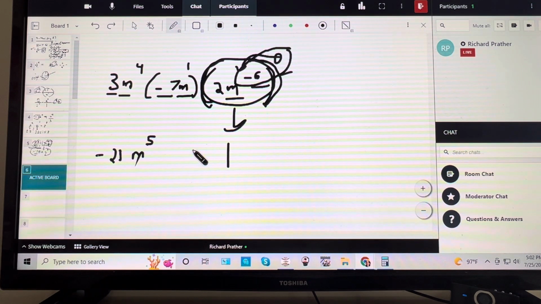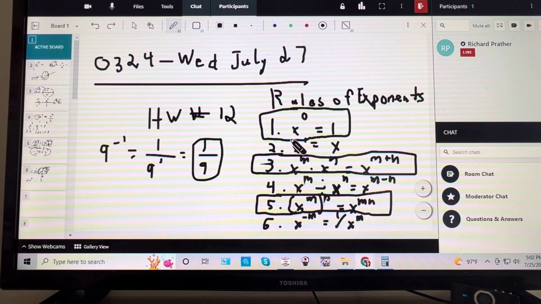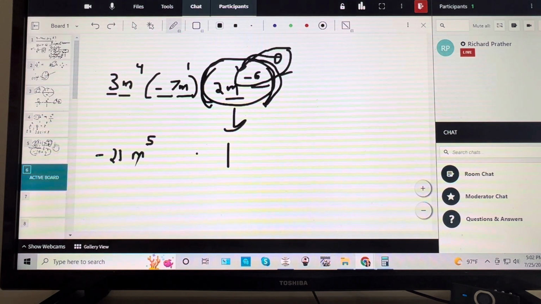Because if it was a 0, it would just equal 1 altogether. So x to the 0 is 1, you lose the x when that happens. X to the 1st is x. That's where the 1 is just left blank in essence.